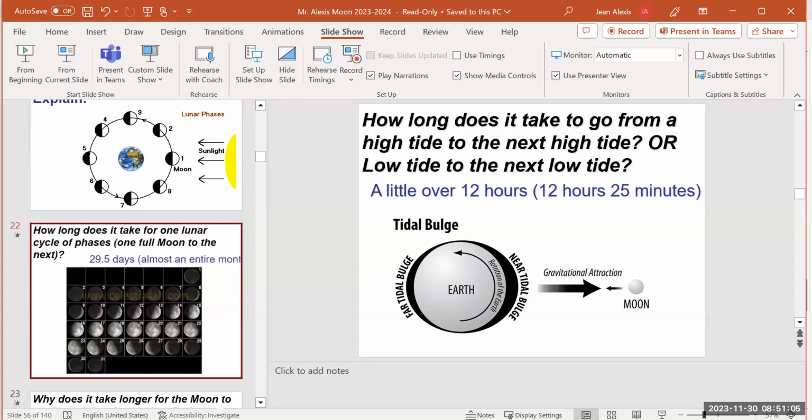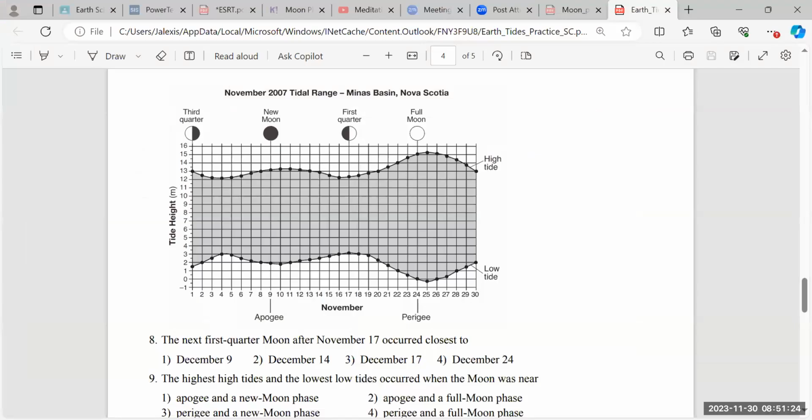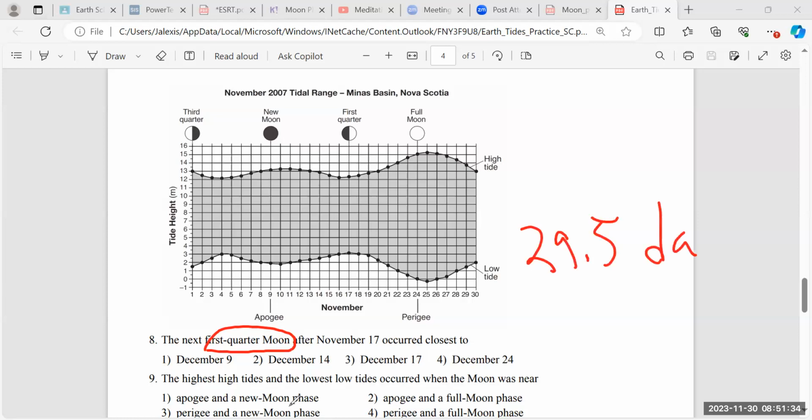And right here, we know to complete one lunar cycle of phases, it'll take 29.5 days, almost an entire month. So when we go back, we know that the next first quarter moon phase will occur 29.5 days later, after November 17th.